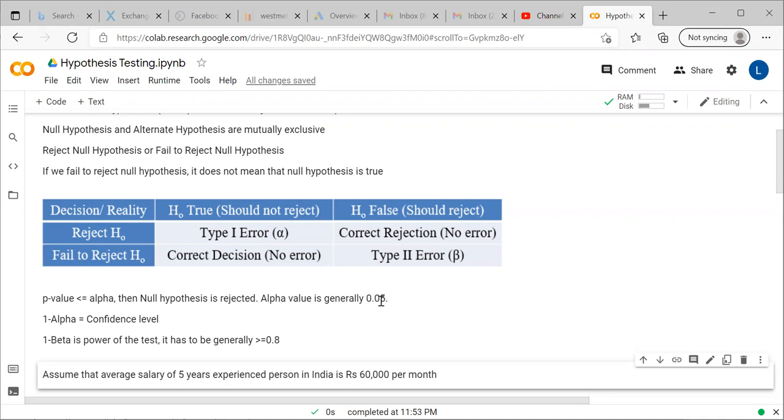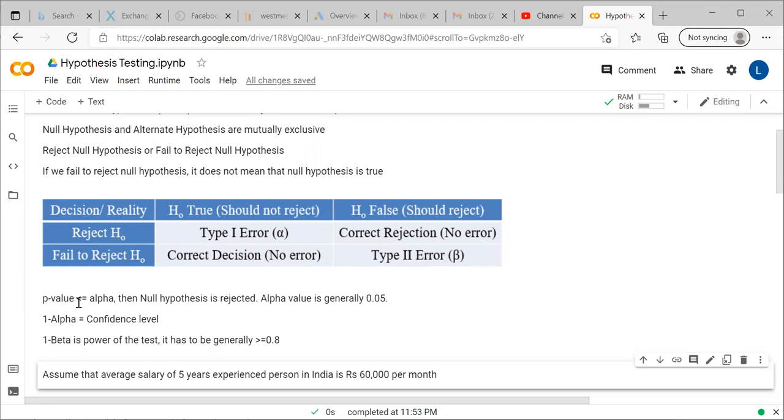That means at the 95% confidence level, we are allowing an error, which is the type 1 error, of 5%. So that is the significance level. We are allowing 0.05, which means 5% error is acceptable. A 95% confidence level is required. So if you are considering a 95% confidence level, then the alpha value will be 0.05.